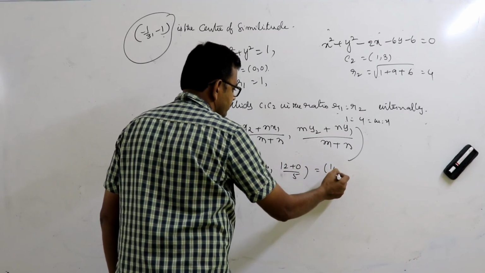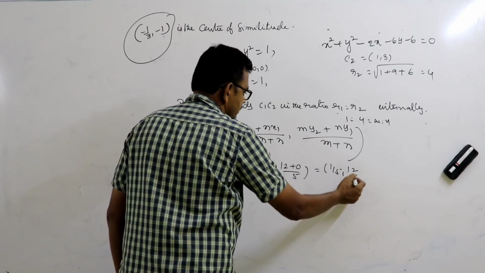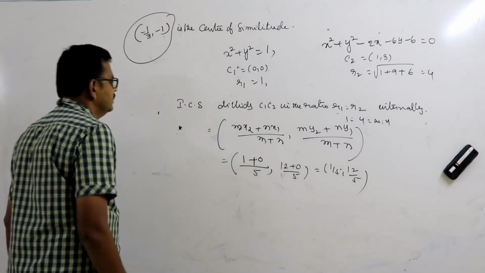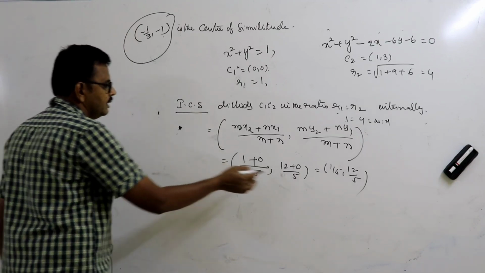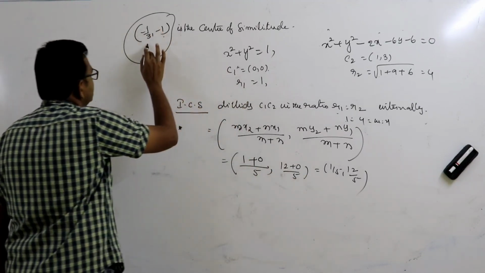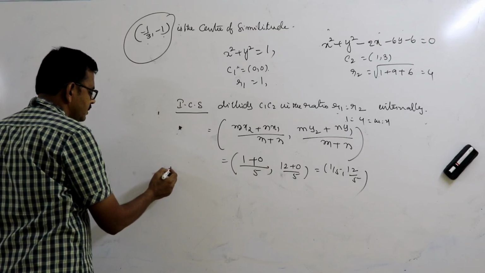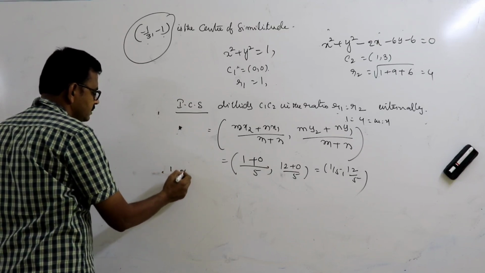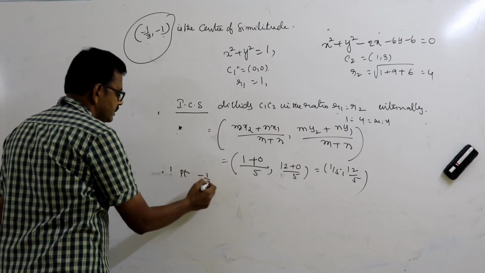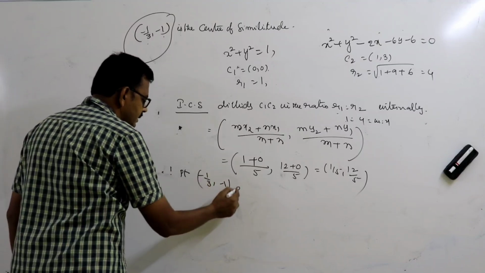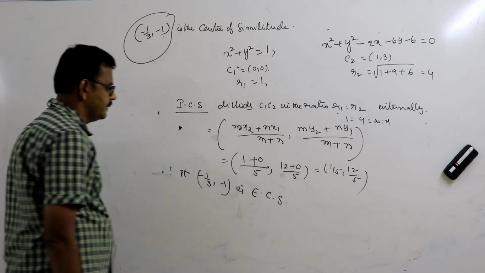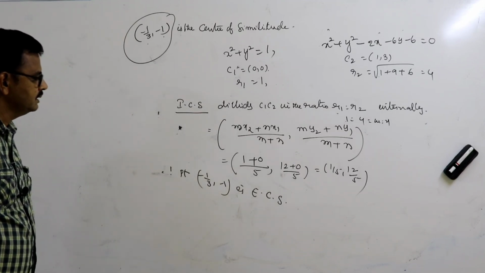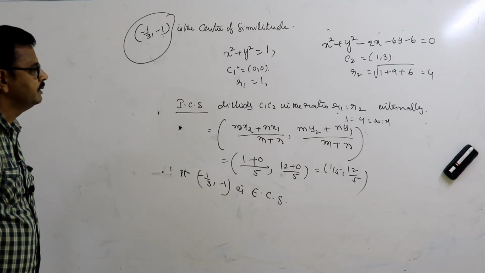Therefore this is 1 by 5 comma 12 by 5. So this is the internal center of similitude, which is not (minus 1 by 3, minus 1). Therefore the point (minus 1 by 3, minus 1) is the external center of similitude.